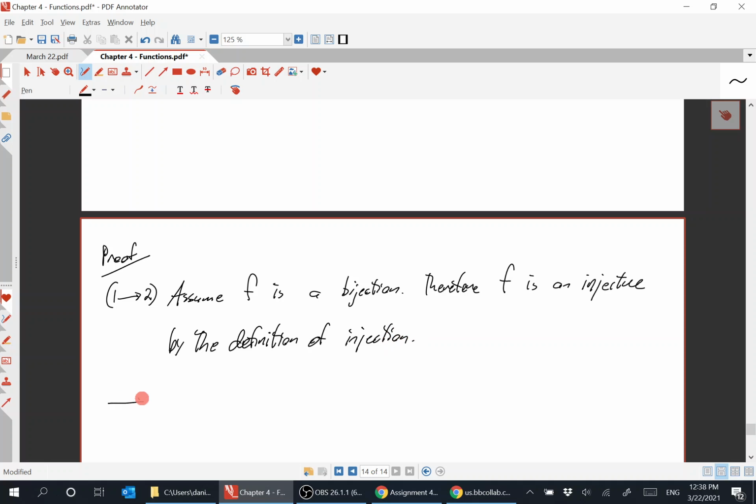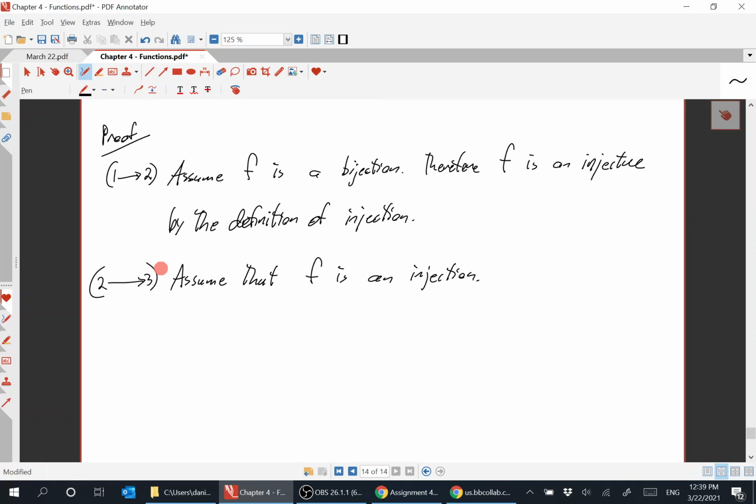All right. 2 implies 3. Right? Assume that F is an injection. Okay, we want to show that F is a surjection.